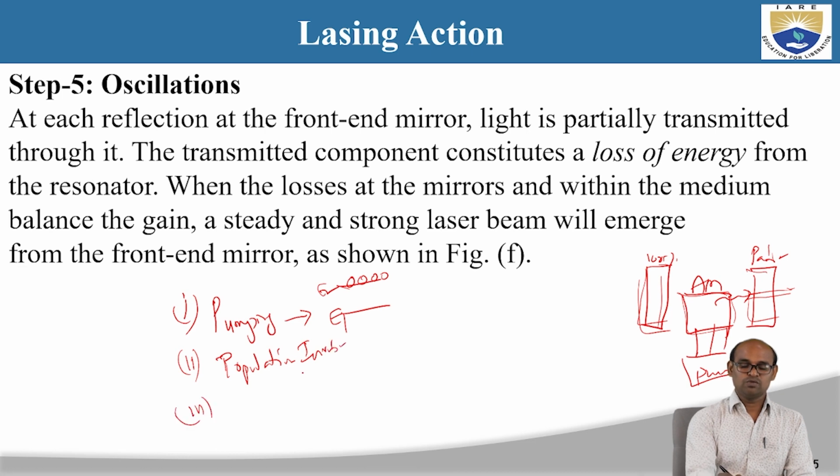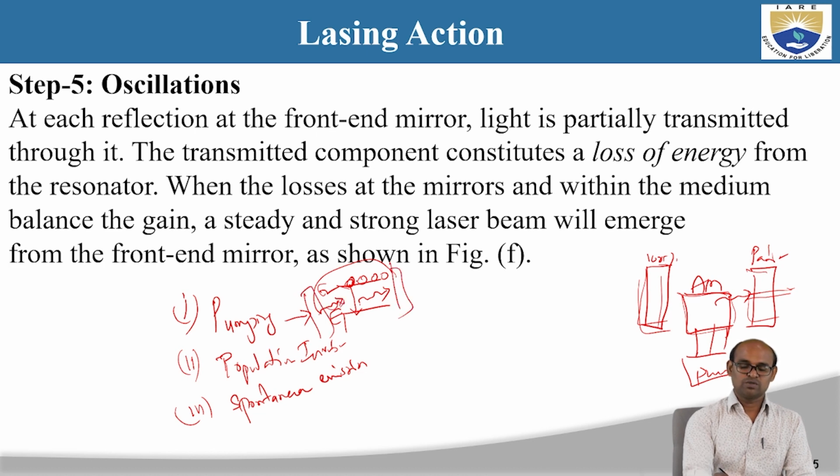The third step: once we have population inversion, there can be spontaneous emission, where atoms decay to the ground state spontaneously by emitting a photon. Once you have spontaneous emission, this photon, for example, is going to come back as an input photon because there is a mirror here and a mirror here.